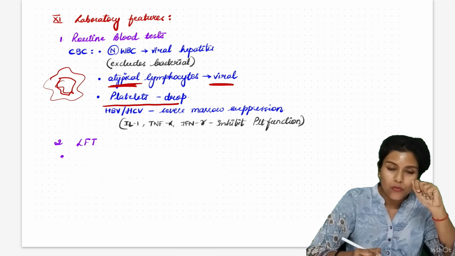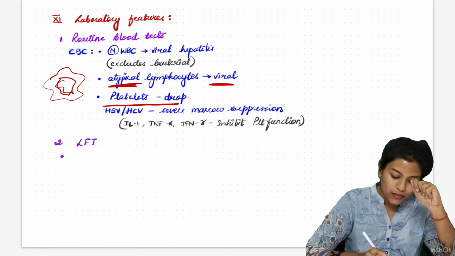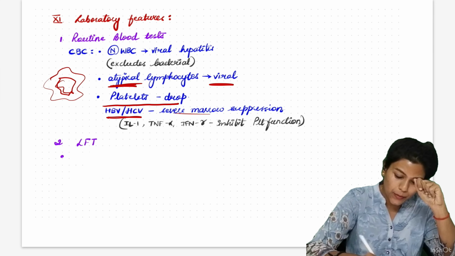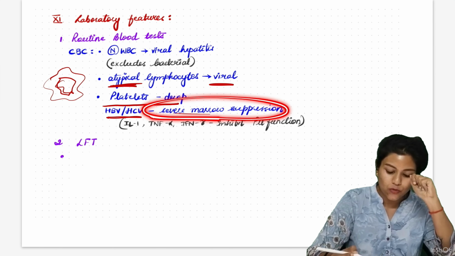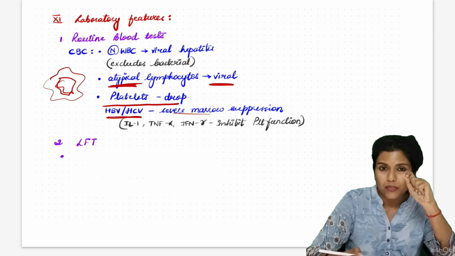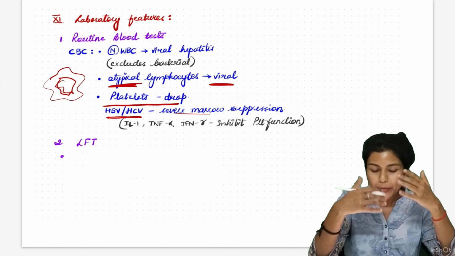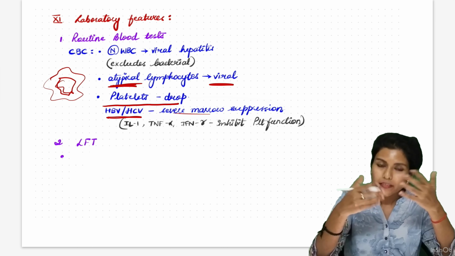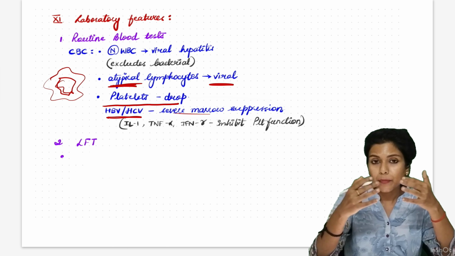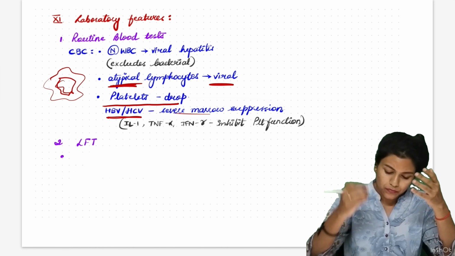And platelet counts drop because in hepatitis B and C there will be severe marrow suppression. B and C are associated with severe marrow suppression. Marrow suppression means precursors are not formed. Therefore, the platelet count will go down.